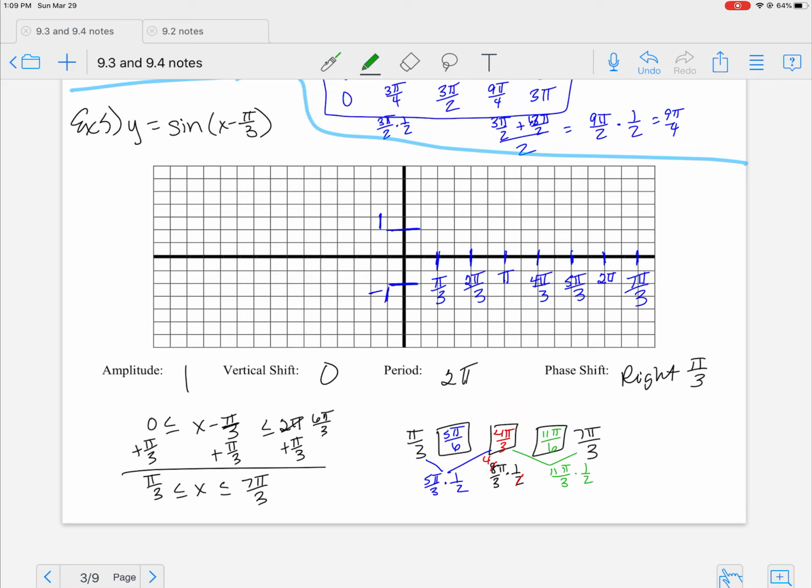So this is technically 1 pi over 6, 2, 3, 4, 5 pi over 6, which makes sense because it's just barely under 6 pi over 6, right? So here is my 5 pi over 6. The same thing that's happening over here with 11 pi over 6. It's just one shy here. That's 11 pi over 6. It's just one shy of that 2 pi.